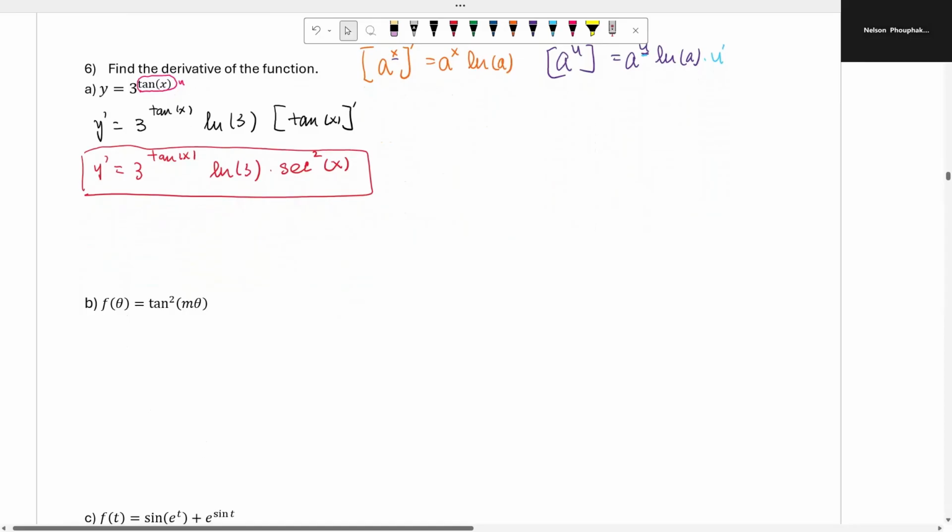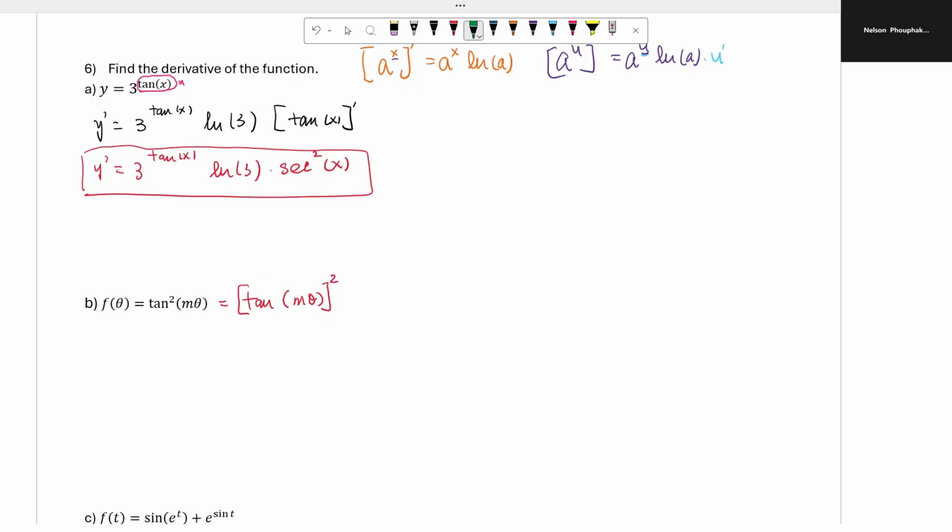Then how about this one? f of theta equals tangent square m theta. Now, when I work out this problem, I would like to rewrite tangent square m theta as tangent of m theta, and then the whole thing squared.